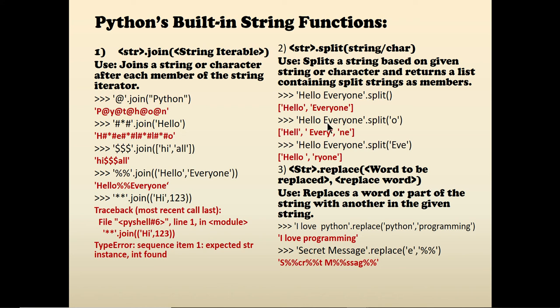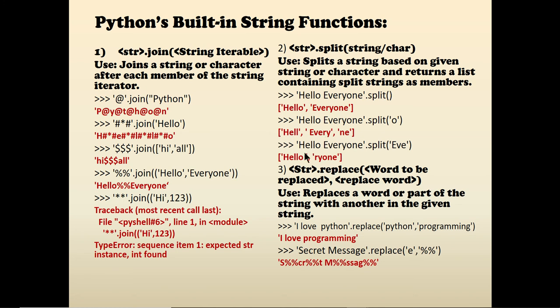Then we have everyone, and there is another O. After that O, that character will not be part of the member. After O the remaining characters are NE. So when you split "hello everyone" based on O, it will give you a list: HELL, then every, then NE.